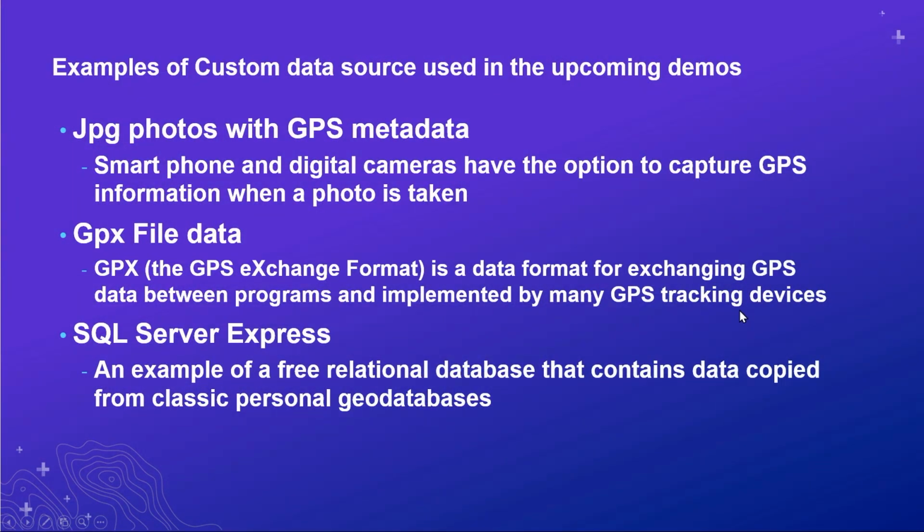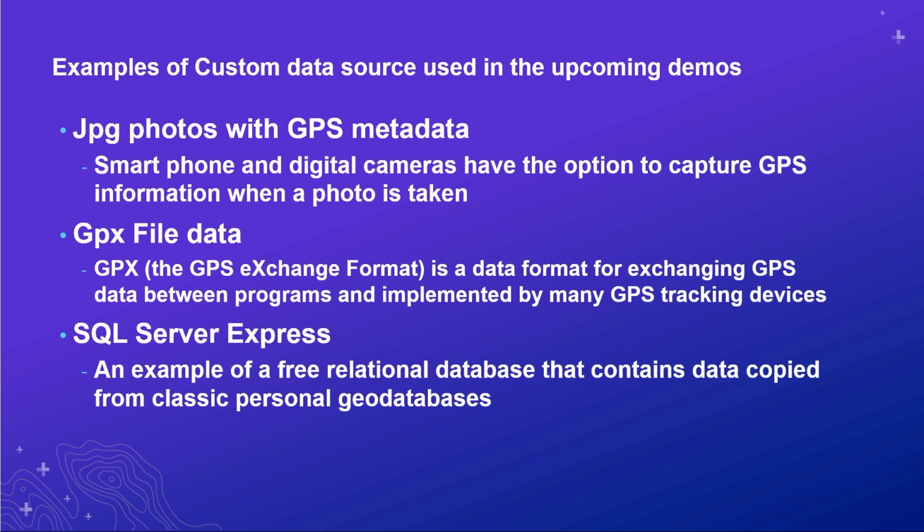So here's some examples of custom data sources that I'm going to use in the upcoming demos. So first, we have the JPEG photos with the GPS metadata. So you know that smartphones and digital cameras have an option to capture GPS information when you take a picture. Now we have written a plugin data source that looks at this as a custom data source, extracts the GPS data, puts a point and a photo on a map.